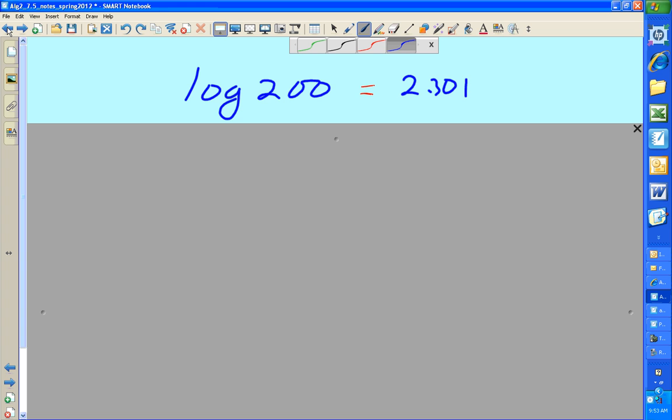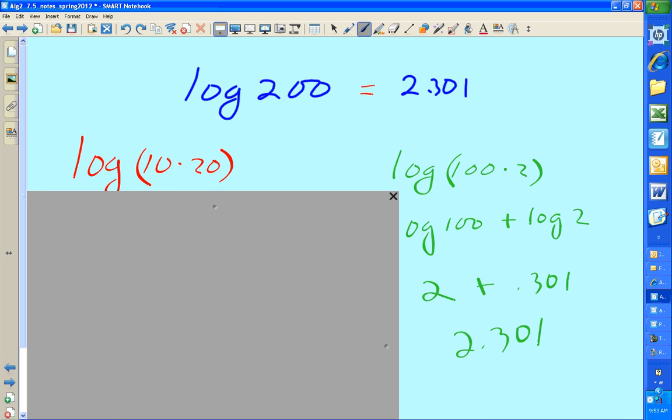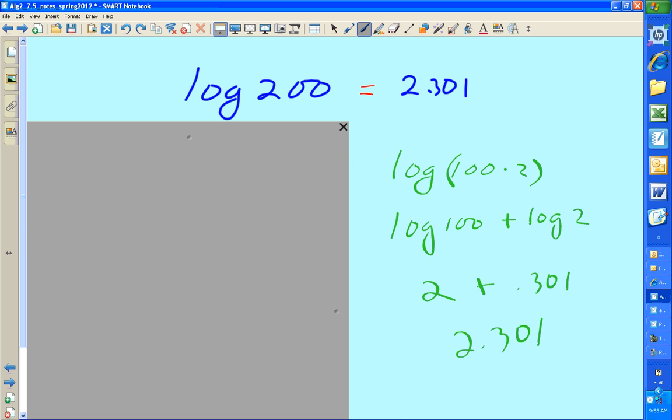Okay, 100 times 2. How do I use the product property for that? Log of 100 plus the log of 2. And the log of 100 is 2. If you do the log of 2, you get 0.301.